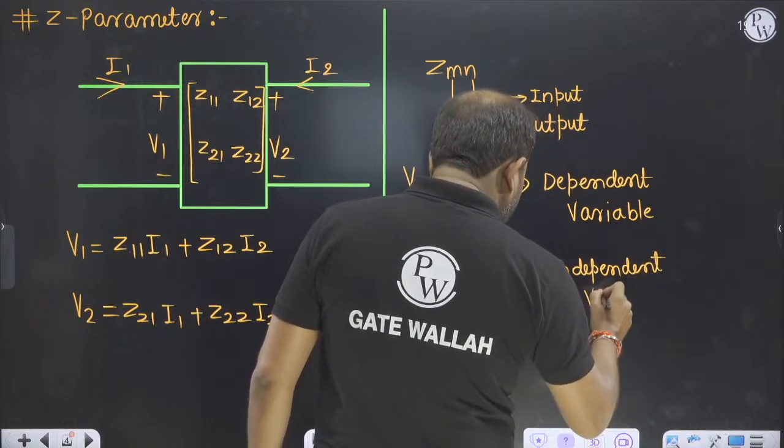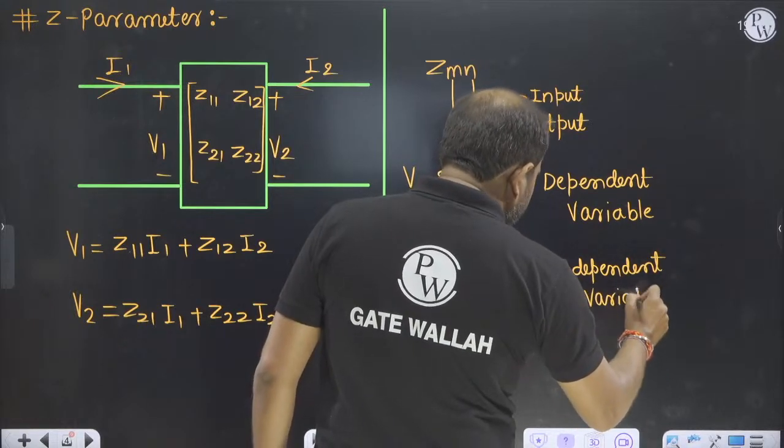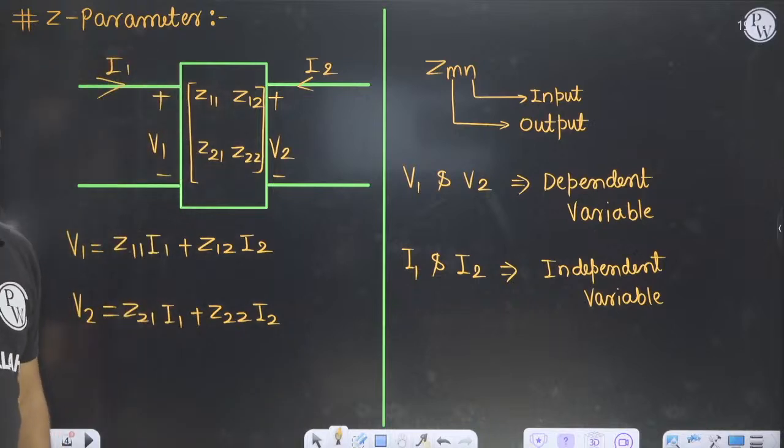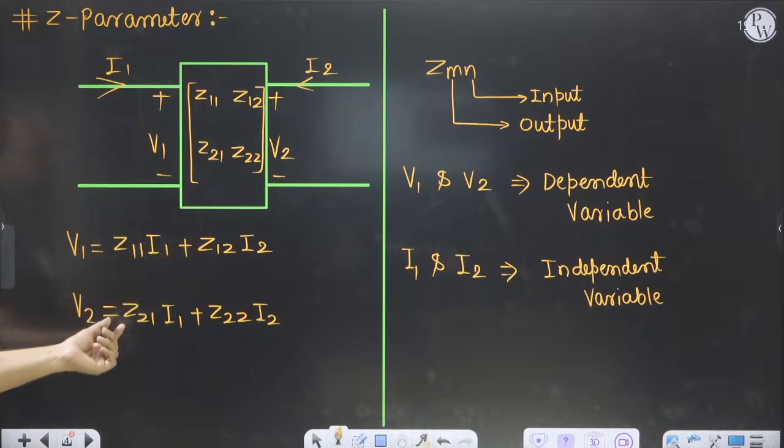So this one is the dependent variable and the second one is the independent variable. Then after we will go through Z11, Z12, Z22.